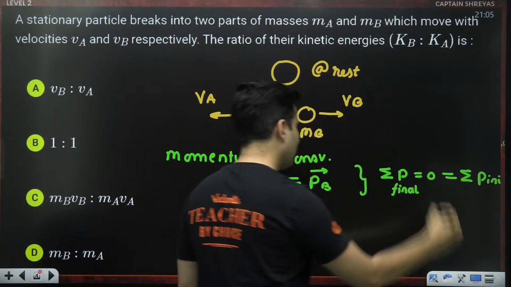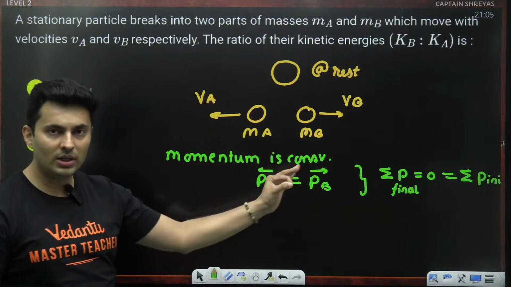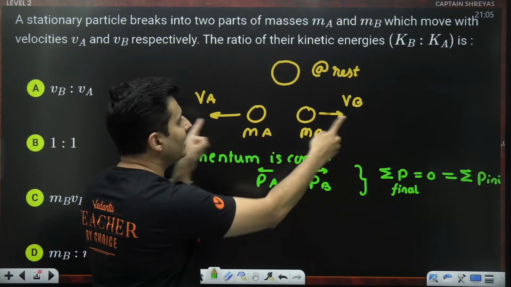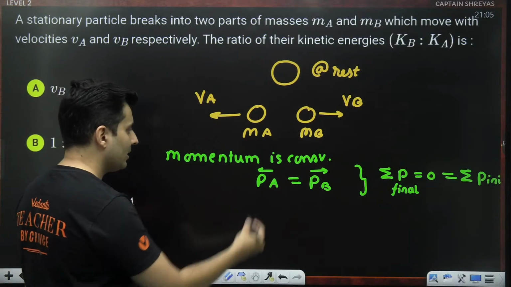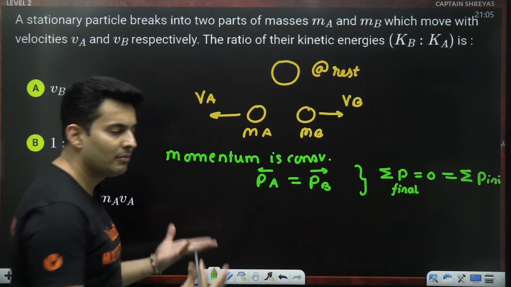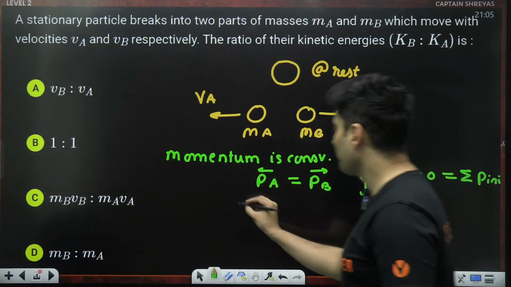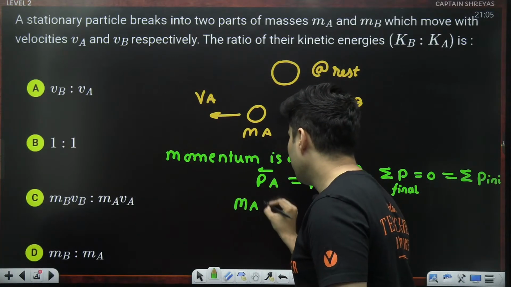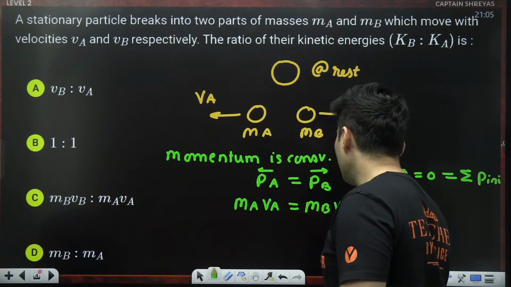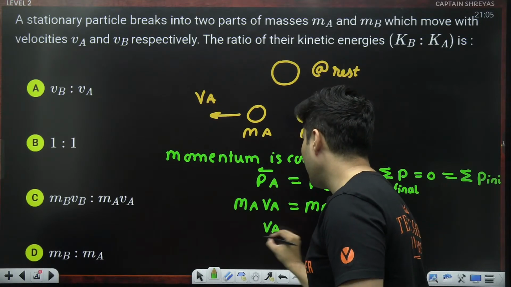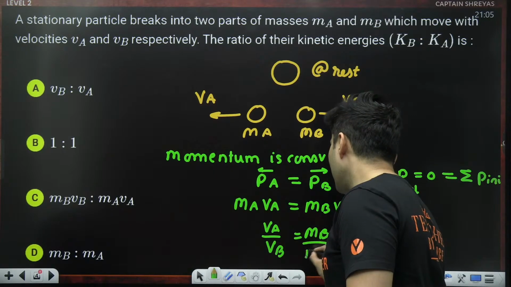The initial momentum was 0 because it was at rest. Hence, the net momentum can be only 0 if both of them have equal momentum in both directions. Now we all know that momentum, kinetic energy, masses, everything are related to each other. So quickly we can say that Ma Va is equal to Mb Vb. Therefore, Va by Vb will be Mb by Ma.